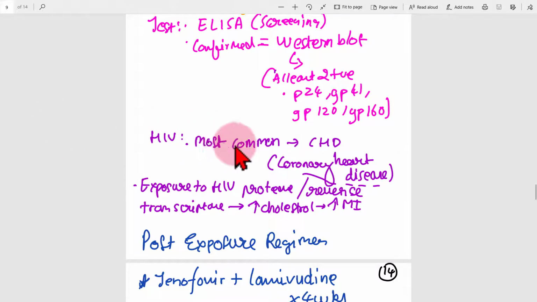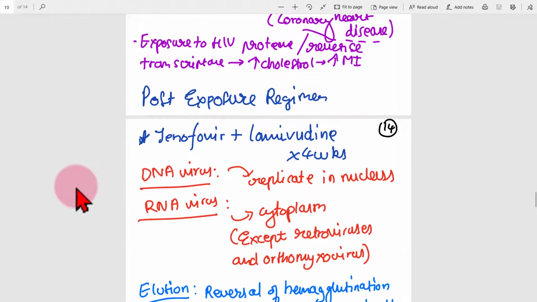Looking at HIV, the more common heart disease associated with HIV is coronary heart disease, and exposure to HIV protease and reverse transcriptase increases cholesterol and increases myocardial infarction.